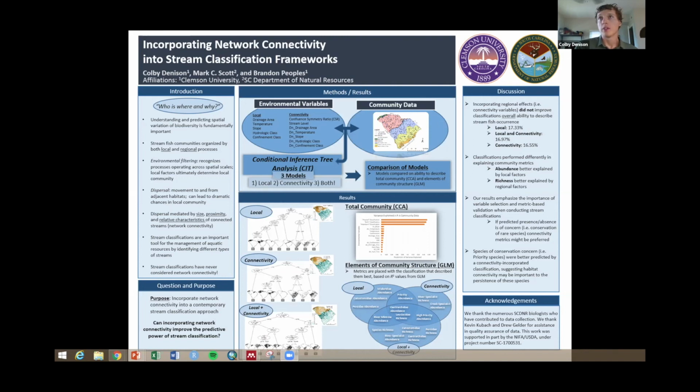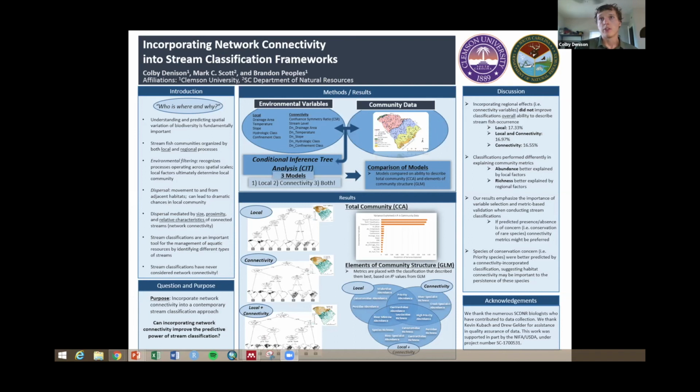So just to discuss what I have here, incorporating these connectivity effects did not improve the classification's overall ability to describe stream fish occurrence. However, they performed differently in explaining different community metrics. We found that abundance metrics tended to be better explained by local factors, and richness was better explained by regional factors.